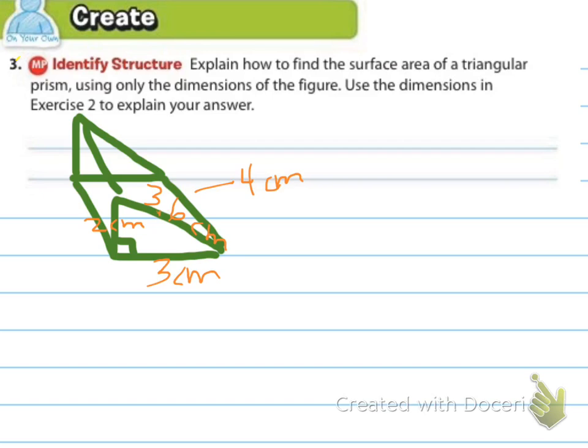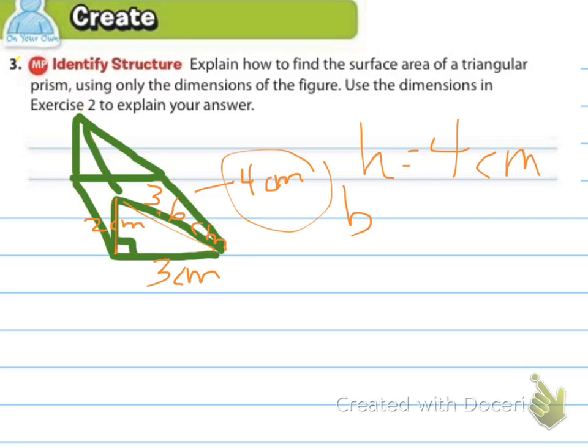I'd probably call 4 the height, okay? Say, oh, the height is 4 centimeters. And then, I don't know, what would I call this? I can call it the base because I need it for this rectangle here, but I can't call it the base because there's one over here and there's one down here for these other 2 rectangles. So it's kind of like, how am I going to describe this?